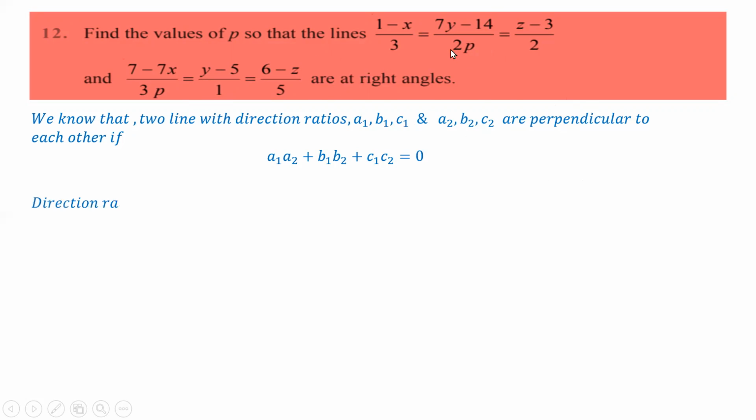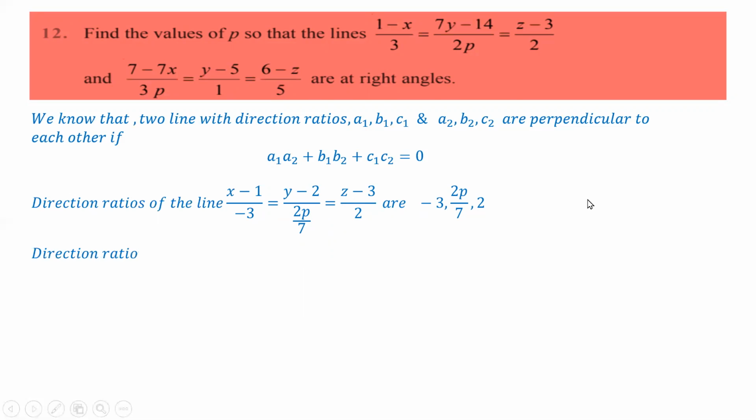Let us take the first one: 1 minus x by 3, 7y minus 14 by 2p, and z minus 3 by 2. If we write it in the general form, you get x minus 1 by minus 3, y minus 2 by 2p by 7 equals z minus 3 by 2. So the direction ratios are proportional to minus 3, 2p by 7 and 2 for the first equation.